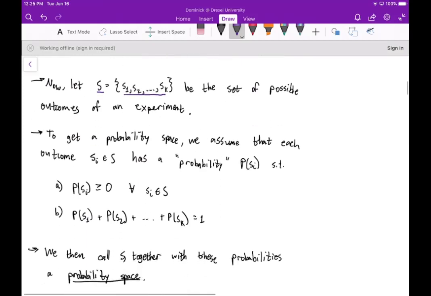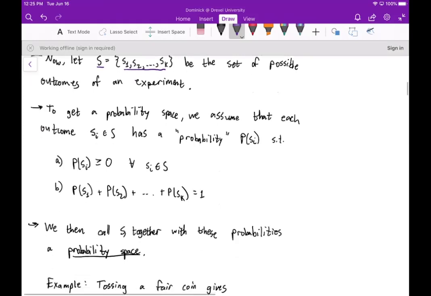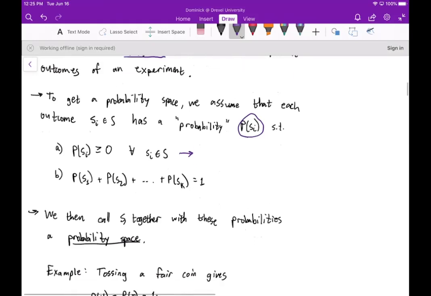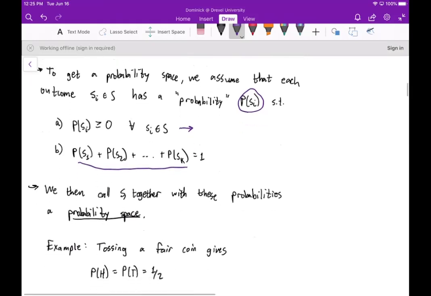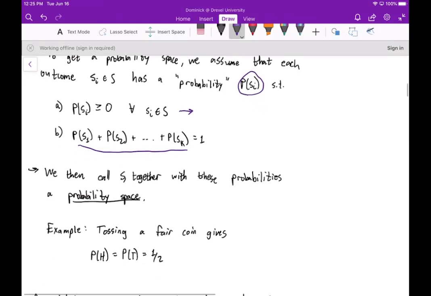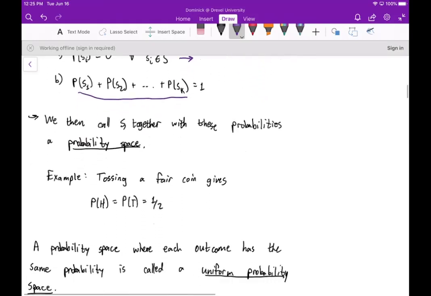Now, to get a probability space, we assume that each outcome SI has some probability, which we'll call P of SI, such that all of our probabilities are non-negative, right? So greater than or equal to 0. And the sum of all these probabilities would have to sum to 1, right? So then we call S together with these probabilities a probability space, right?